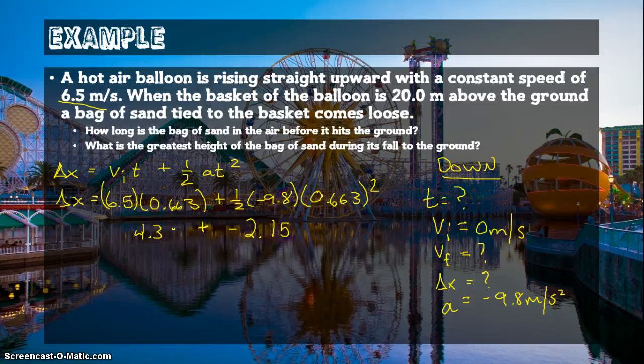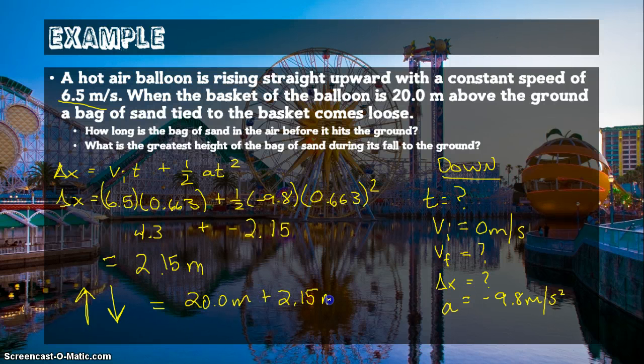So 4.3 minus 2.15 should give us a displacement, meaning it went up 2.15 meters beyond the 20 meters. So the total height it went up, and also the total height it's going to be coming down, looks like it's going to be 20 meters plus 2.15 meters, or 22.2 meters roughly. So keep that in mind, that 22.2 meters.